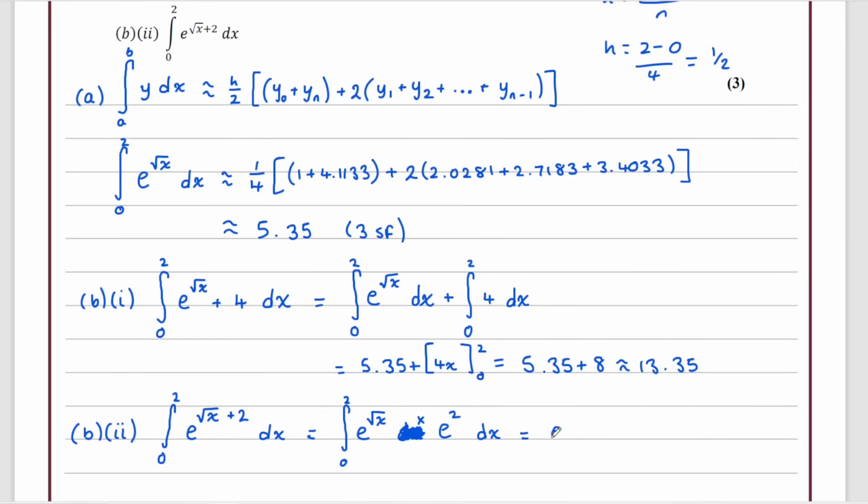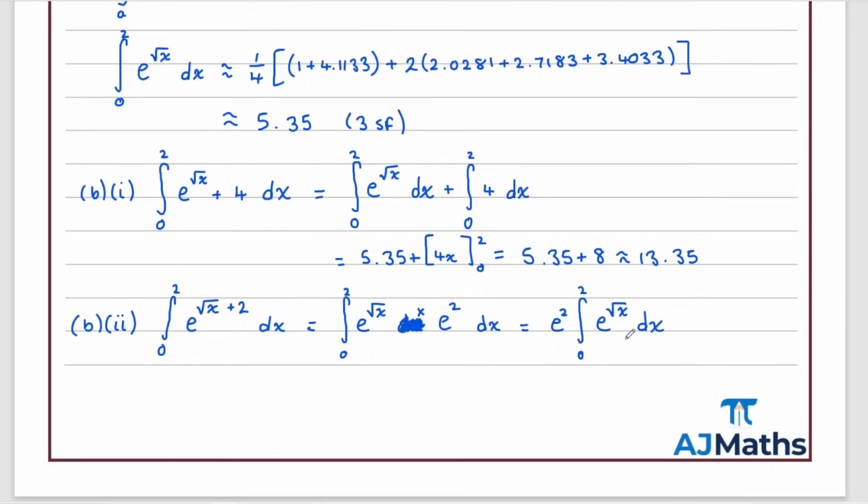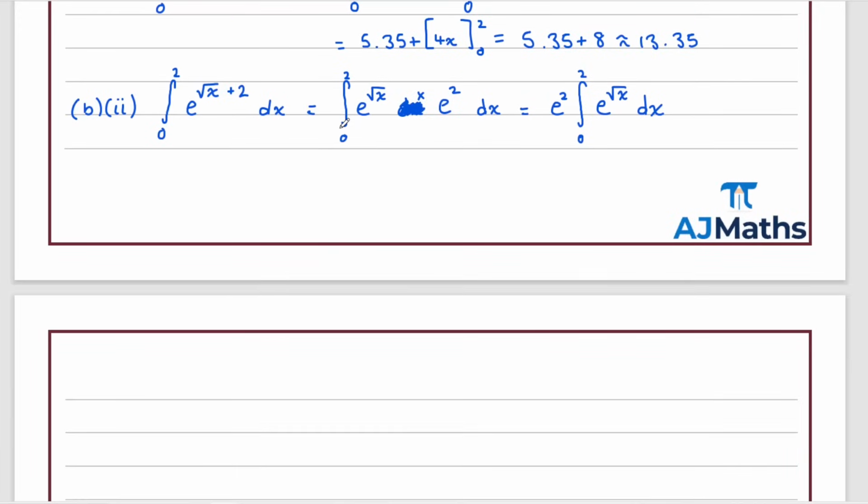So what I've got then is e squared times the integral from 0 to 2 of e to the power of the square root of x. Okay, well, we already know the approximate value of this integral here. That was 5.35. So what I've got here then, let me just write it down again in full. For the integral from 0 to 2 for e to the power of the square root of x plus 2 dx.